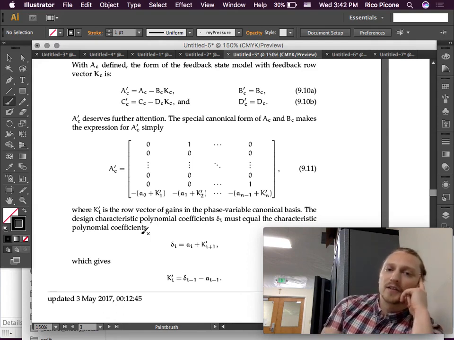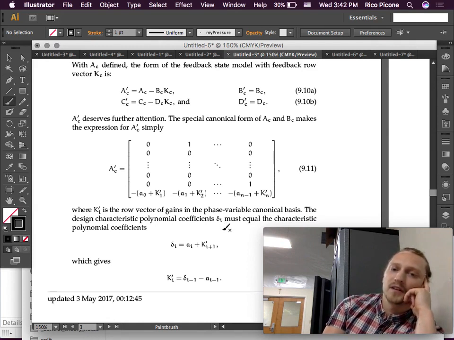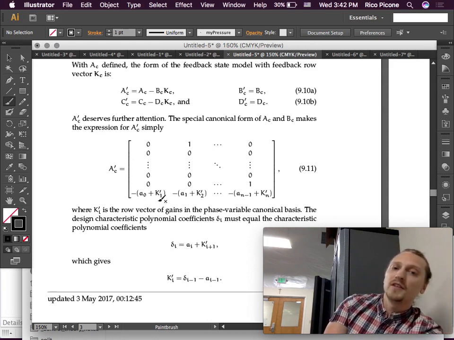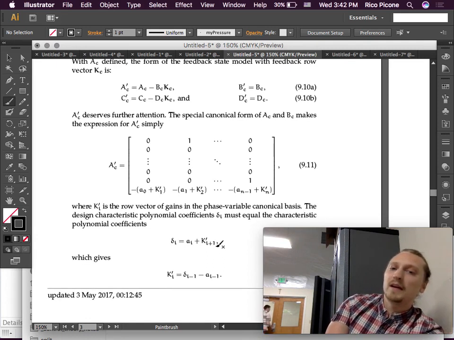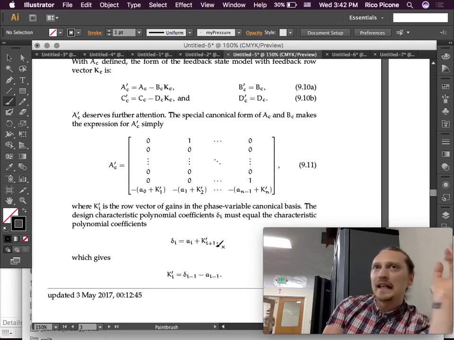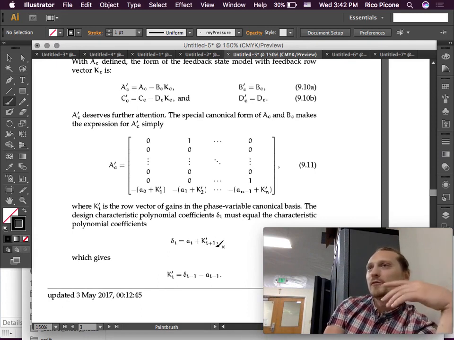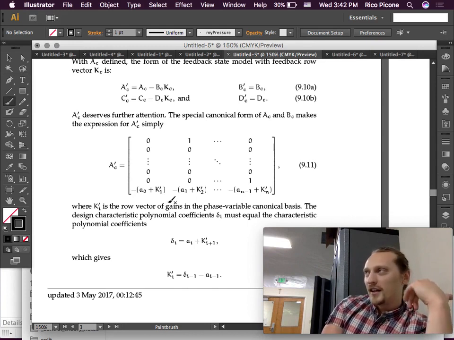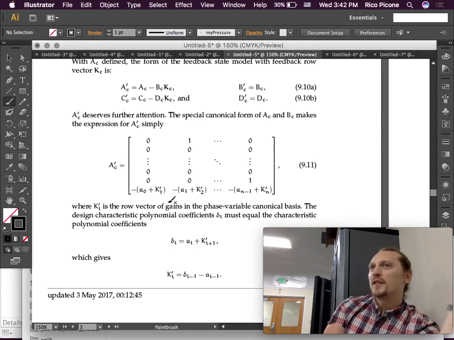The design characteristic polynomial coefficients delta_i must be equal to the characteristic polynomial coefficients. We know delta_i, which is what we specify. Those are knowns. That has to be equal to each of these values, which means we can solve really easily in each equation. They're all decoupled. If you don't put it in this form, you're going to end up with a massive system of coefficients to untangle.